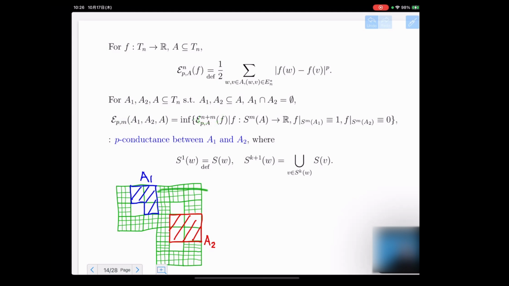Okay, so these are the tiles of level n, and these small ones are of level n plus m. And what I will do is, let's think about the function f which is 1 here and 0 here. Think about the p energy of this function f at the n plus m-th level, and take the infimum of this p energy over all functions satisfying this. And this is the p conductance between A1 and A2. Okay.